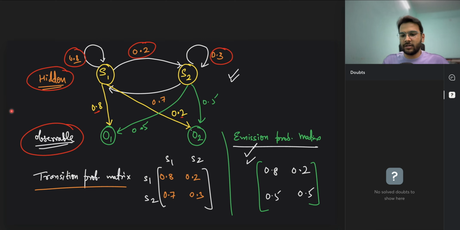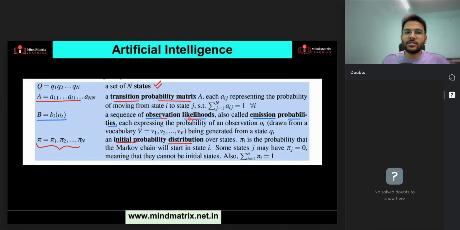Those who have joined just now, let me give you a quick recap of what we have discussed so far. We started from Markov chain. In the previous lecture, we discussed what is Markov chain in great detail. Now we are talking about hidden Markov model. In hidden Markov model, we have some states called hidden states, and some states we call observable states.